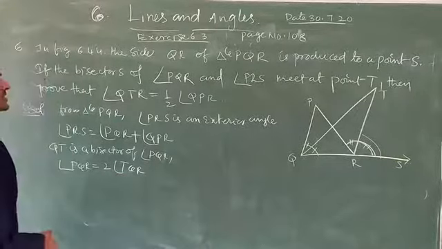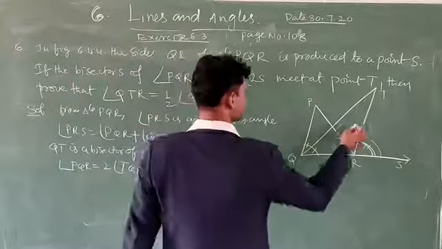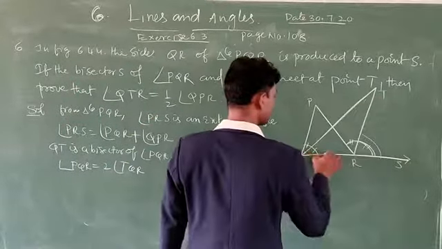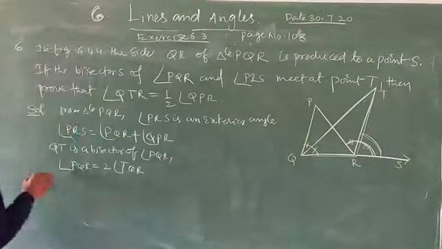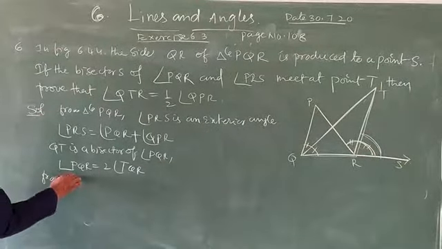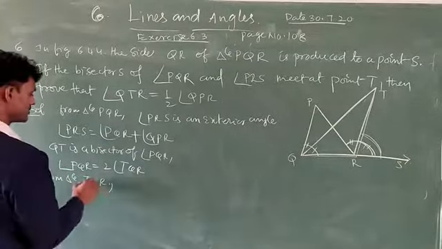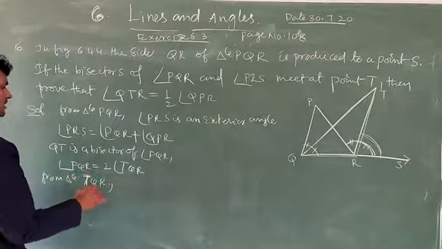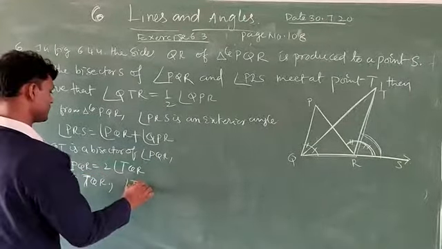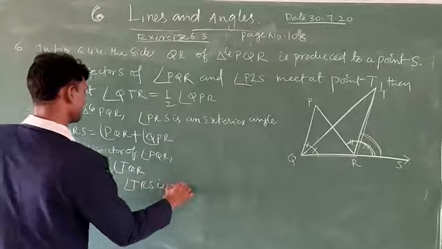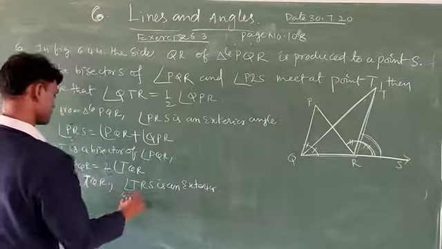Next, see here, TQR is one more triangle. This is the exterior angle. From triangle TQR, which one is the exterior angle? Angle TRS is an exterior angle.